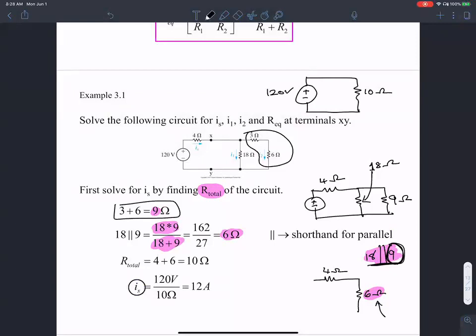IS, like I mentioned, is 120 over the R total, which comes out to be 12 amperes. This is this step here, and this is this step over here. The equivalent resistance is 10 ohms, and so on and so forth.